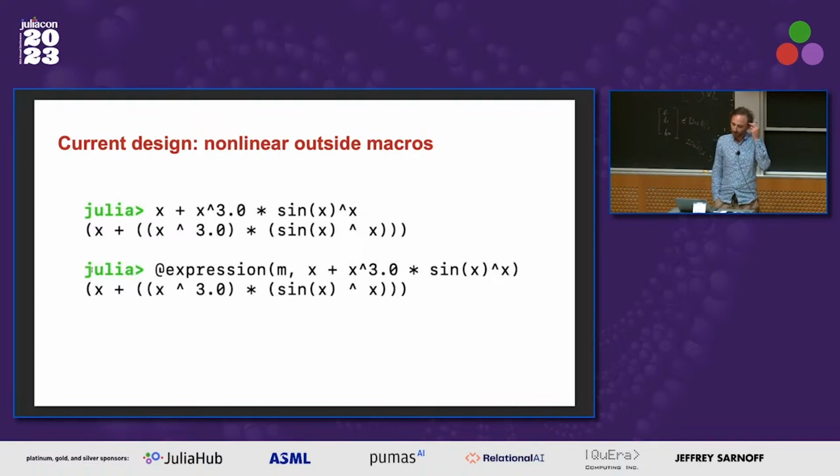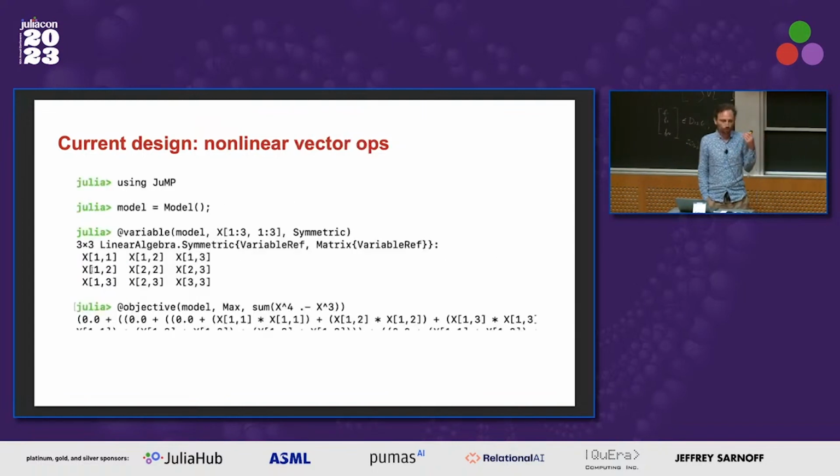So the question is, if I wrote down in JuMP a vector of nonlinear constraints, or a for loop of nonlinear constraints, for i equals 1 to 1,000, x to the i less than or equal to 1, do I make one symbolic representation of that constraint and then plug in the data, or do we just make 1,000 expression graphs? And the answer is we just make 1,000 expression graphs.